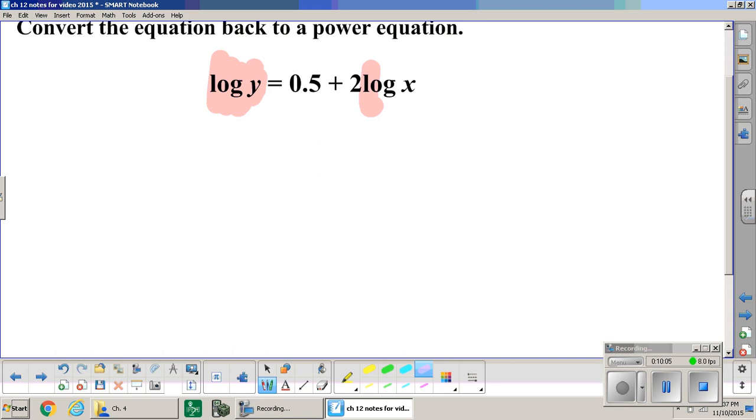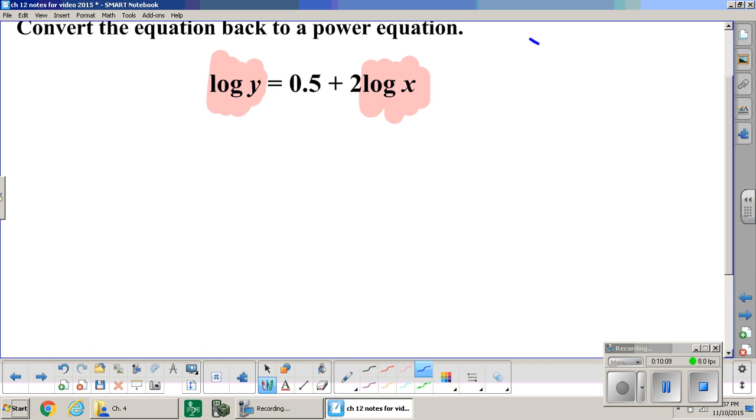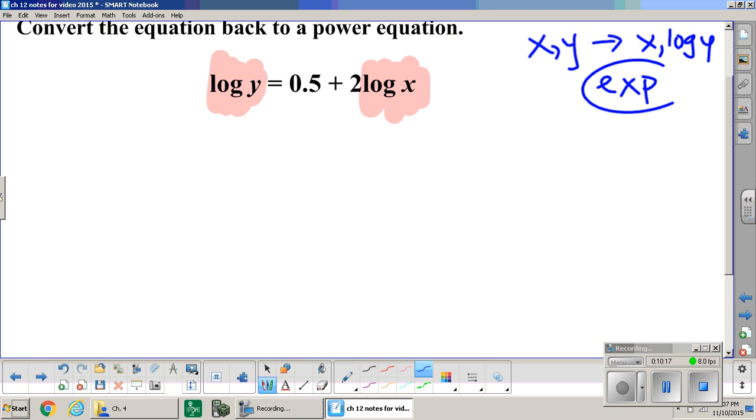Log of y and log of x. Remember the difference: if x and y goes to x, log y, that's exponential. If x and y go to log x, log y, that's power.